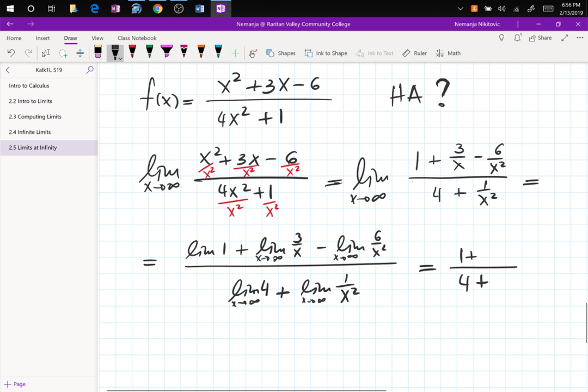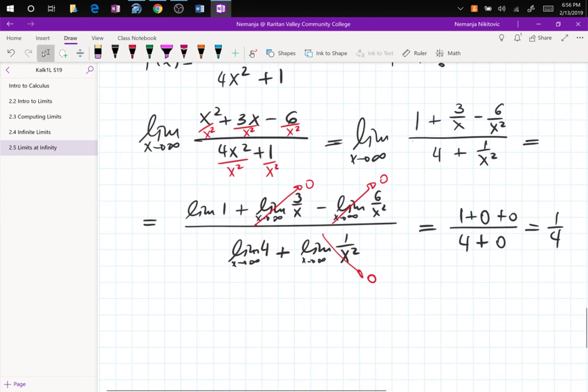How do we write nothing in mathematics? Anyone? Yeah. 0, thank you. So that's why each one of these that has x in the denominator is going to shoot to 0, and we're getting 1/4.